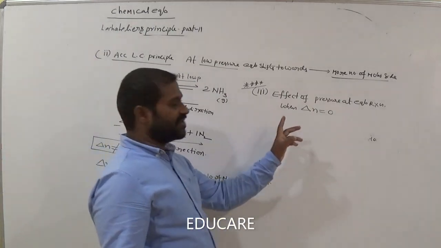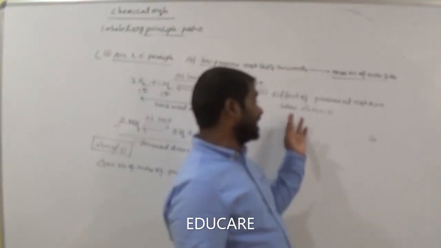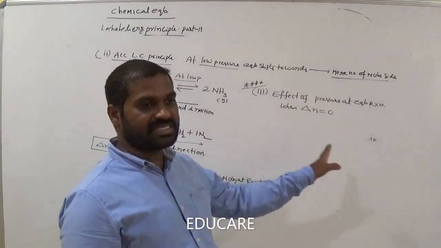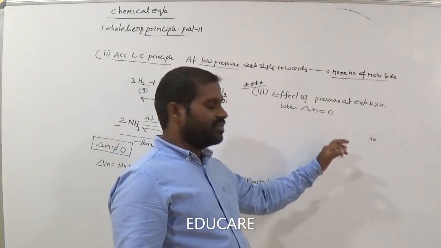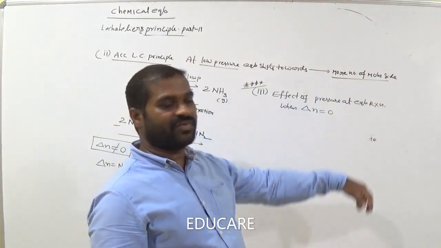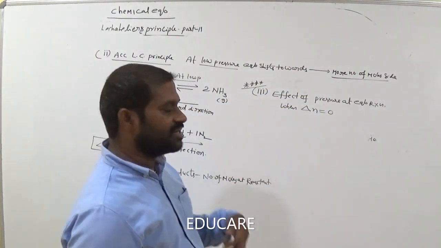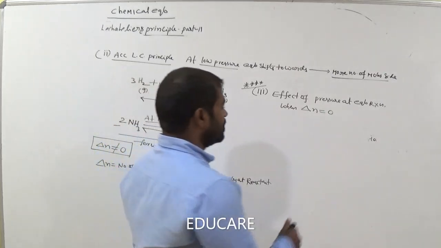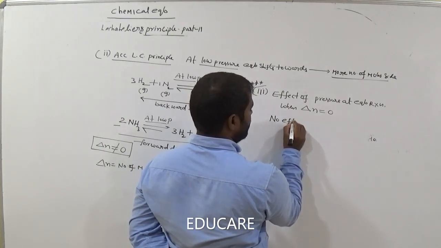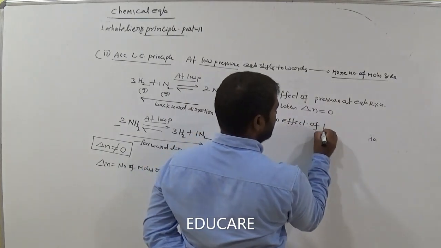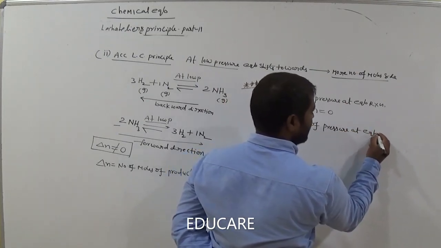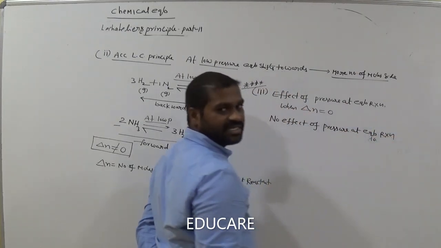So in this case, the effect of pressure at equilibrium when delta n equals 0 means the number of moles of products minus the number of moles of reactants becomes 0. When the number of moles of reactants and products are equal, delta n equals 0. So what is the effect of pressure in this case? No effect of pressure at equilibrium.